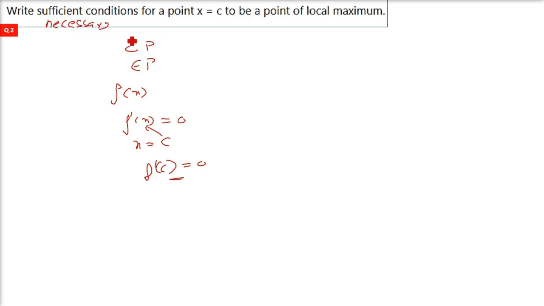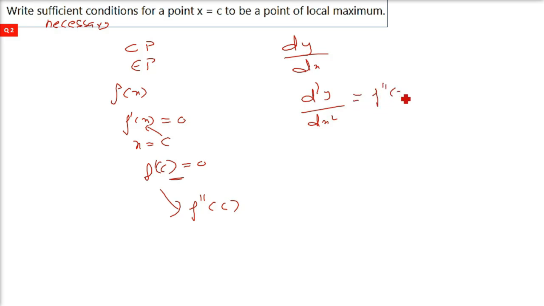How do you prove that a certain value is showing maxima or minima? Remember, when we get negative, we say maxima. When we get positive, we say minima. So we do the double differentiation. If dy by dx is f dash x, d2y by dx2 is f double dash x, and at x equals c, this becomes f dash c and f double dash c.